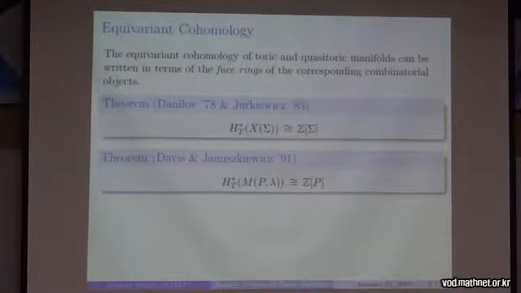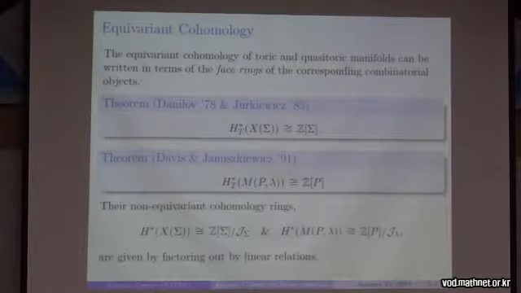And for the quasi-toric manifold, you can define the face ring of the simple polytope. This has a generator for each facet, and if facets have an empty intersection, then the corresponding product disappears inside this polynomial algebra. And then if you want to find the non-equivariant cohomology rings, you can factor out by linear relations relating to the fan or the characteristic function of the quasi-toric manifold.